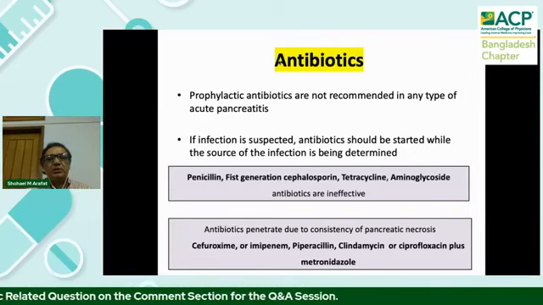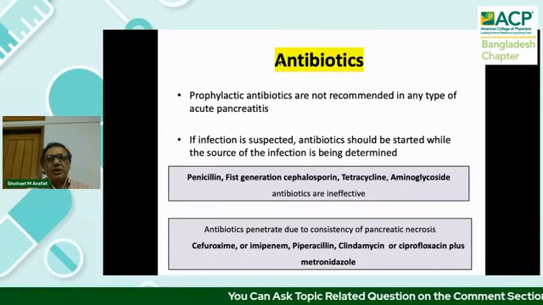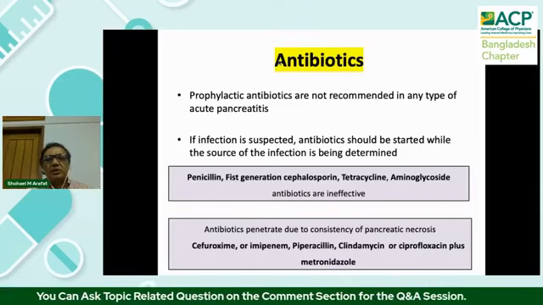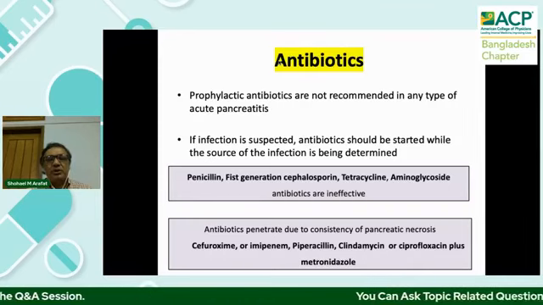But during selection of antibiotics, we have to be very careful. Not all antibiotics are able to penetrate the necrotic material efficiently, like penicillin, first generation cephalosporin, tetracycline, aminoglycosides. These are not effective in acute pancreatitis. So which ones are left?